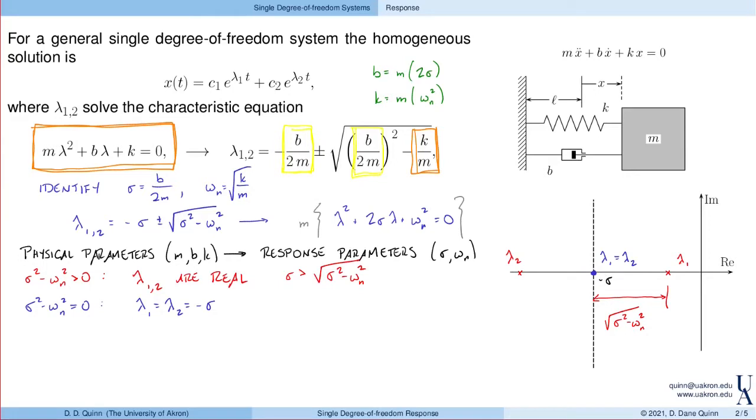The last case we want to look at is arguably the most interesting case. So that's going to occur when sigma squared minus omega n squared is actually less than 0. So in this case, lambda 1 and lambda 2 are complex.